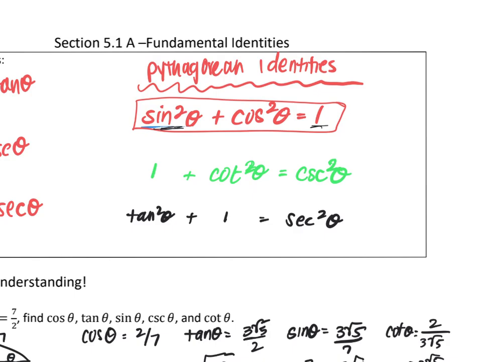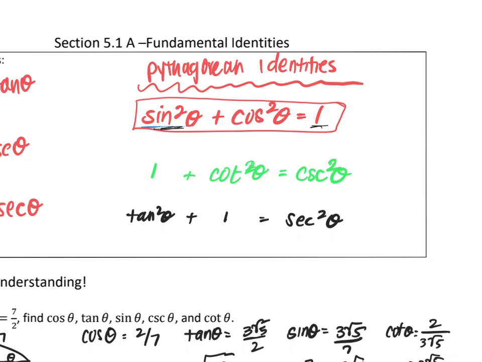Well, yes, we could subtract sine squared from both sides. And then we would just isolate cosine squared. Cosine squared equals 1 minus sine squared theta.